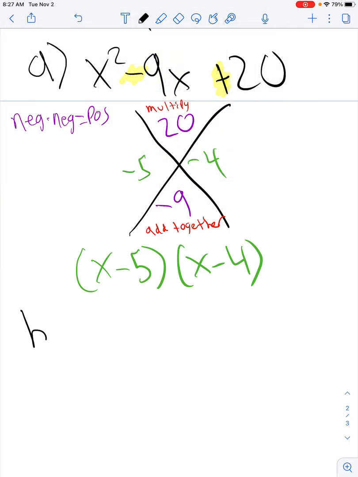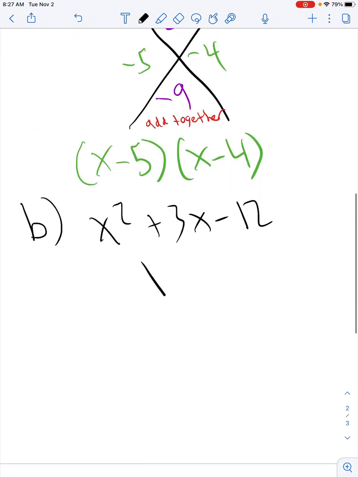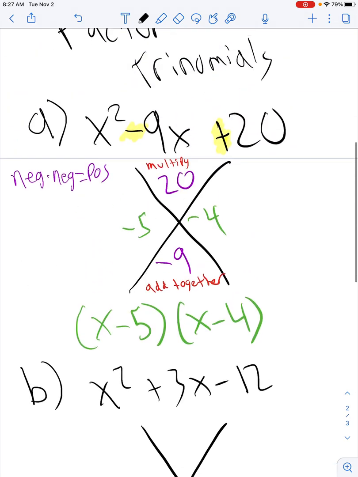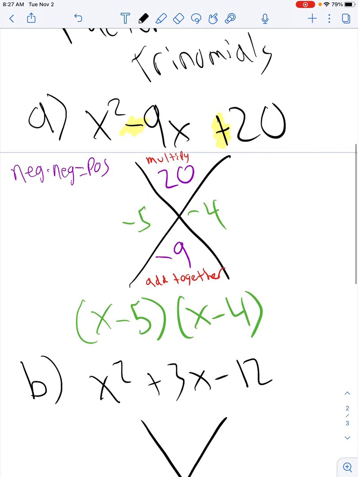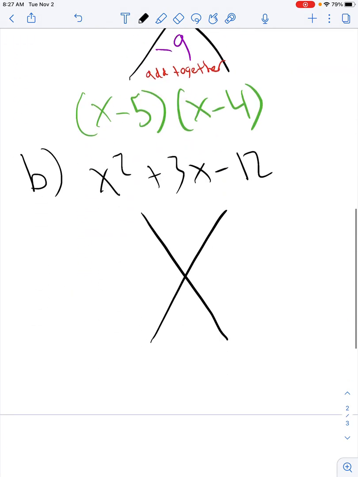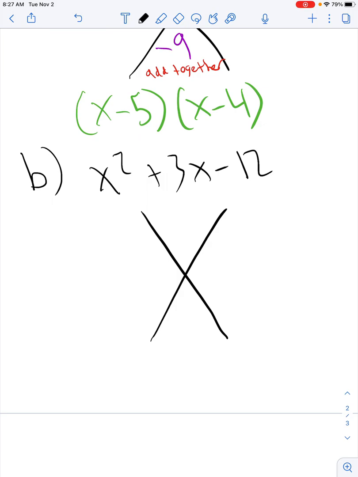Let's do one more example like this. x squared plus 3x minus 12. Okay, so I'm going to create my factor x, which again, I want it to multiply together, so I'm putting my c value, the last value, in there.